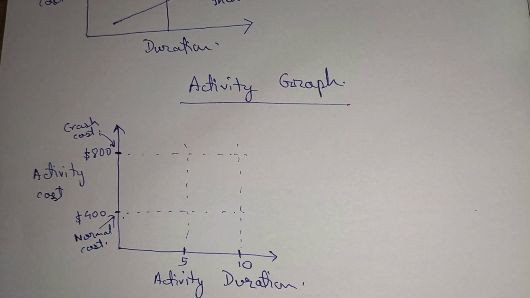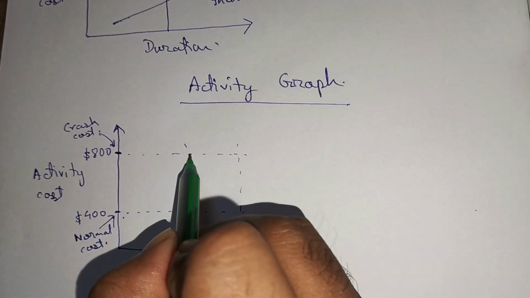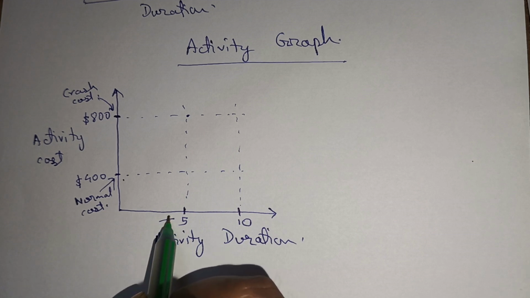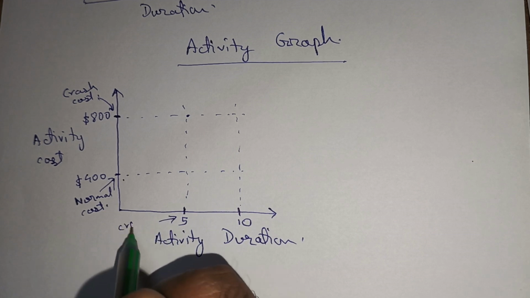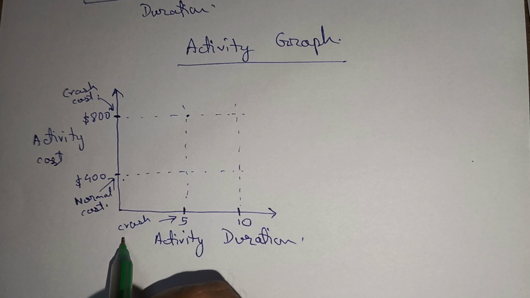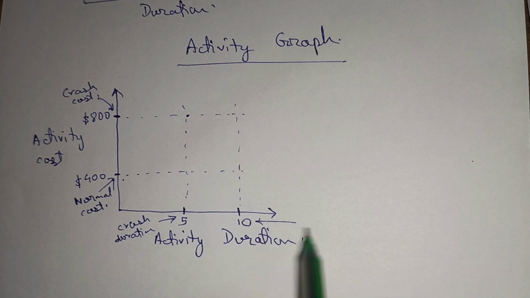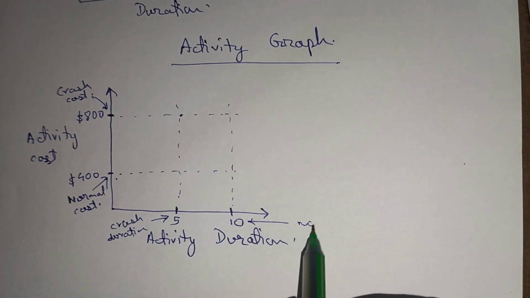Okay, and so you'll have these two time durations, that is your crash duration, and this is your normal duration.